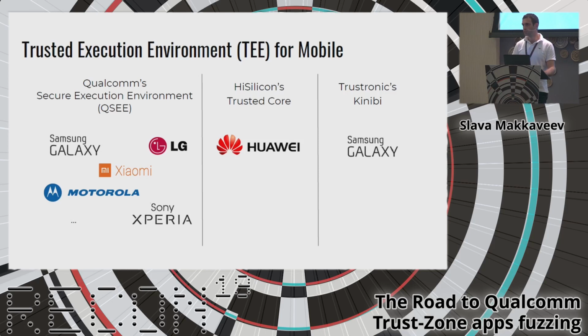Qualcomm Secure Execution Environment, or QSEE for short, is integrated with Qualcomm CPUs in LG, Xiaomi, Motorola phones, and Samsung devices for the USA and Asia market. HiSilicon's trusted core could be found on most Huawei phones, and Trustonic can be integrated in Samsung devices for the European market. Qualcomm covers more than half of the mobile market share, and I focus my attention on Qualcomm.